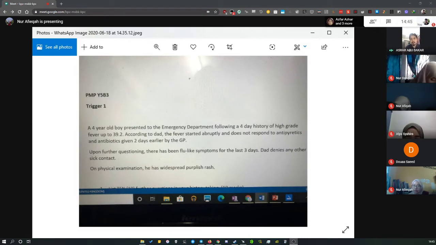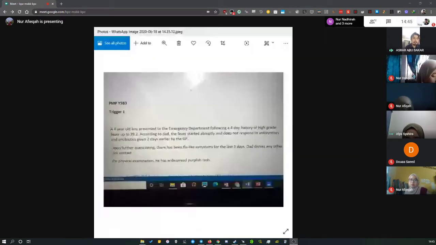Any other symptoms from other organ systems that you might think about? Any joint pain or swelling? Good, also related to HSP. And also any abnormality in the urine, such as hematuria.